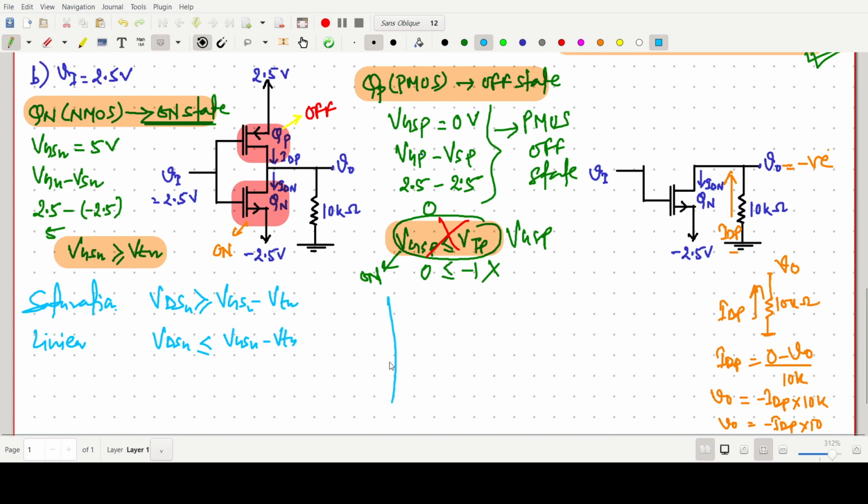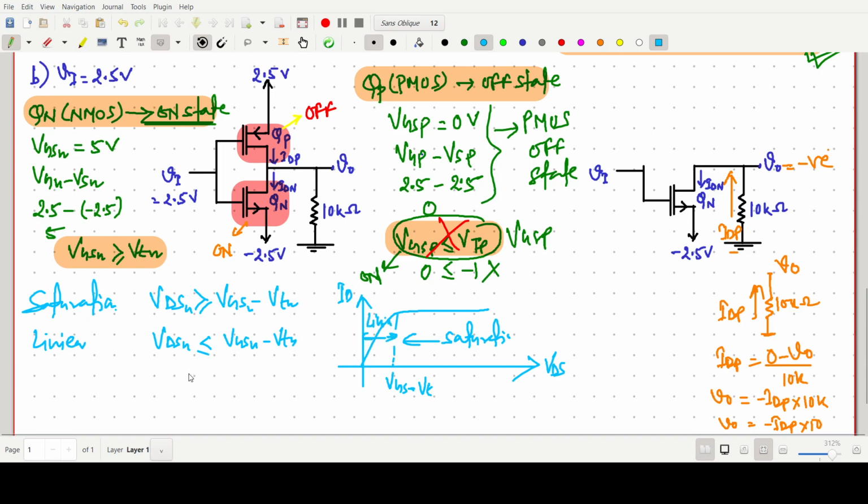A simple characteristic. First we go step by step. This is the VDS and IDS curve, and this value is VGS minus VT for the NMOS. This side is saturation, and this side will be linear.